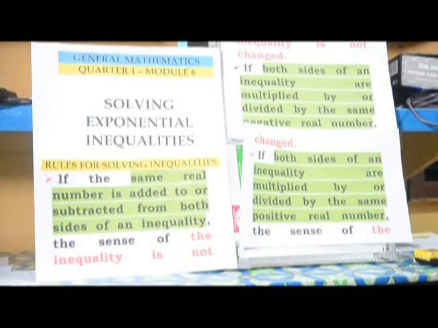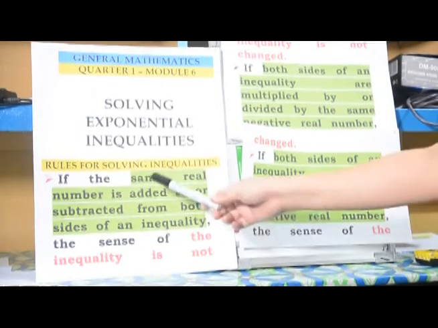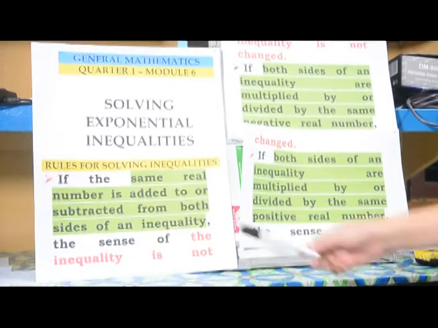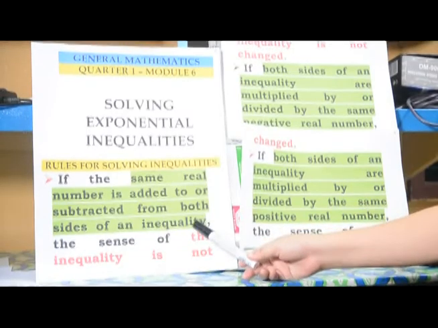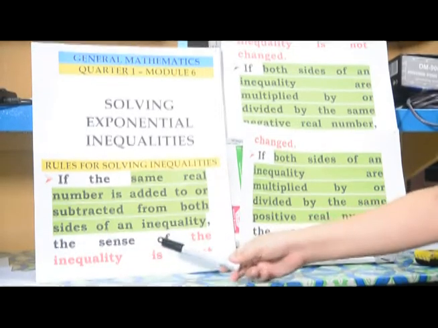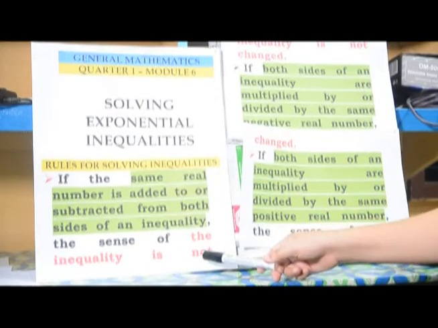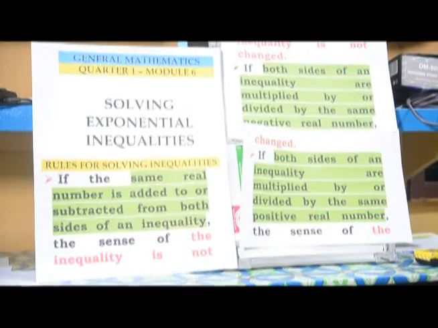We only have 3 rules here, and I highlighted the important ideas. If the same real number is added to or subtracted from both sides of an inequality, the sense of the inequality is not being changed.